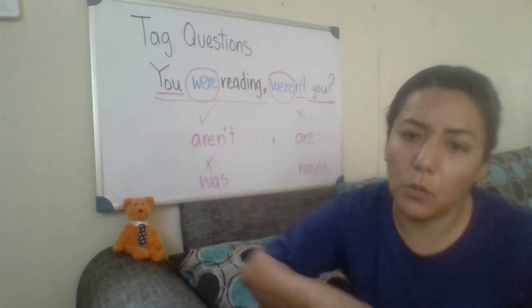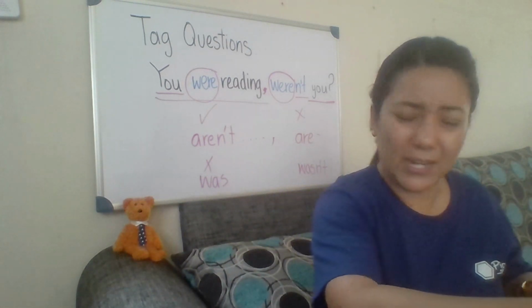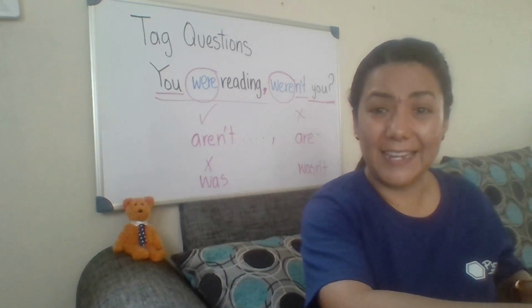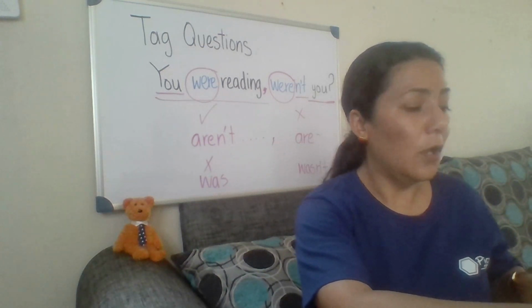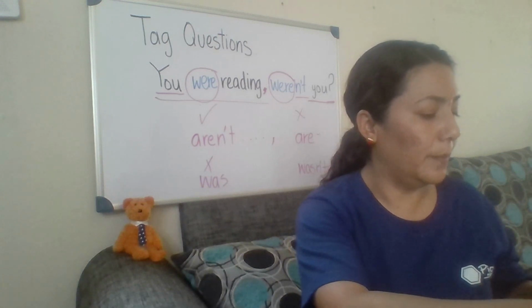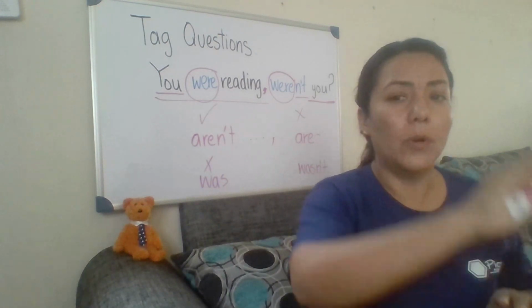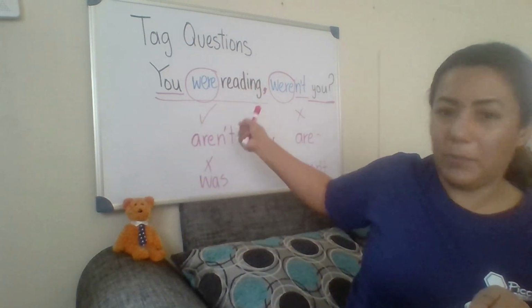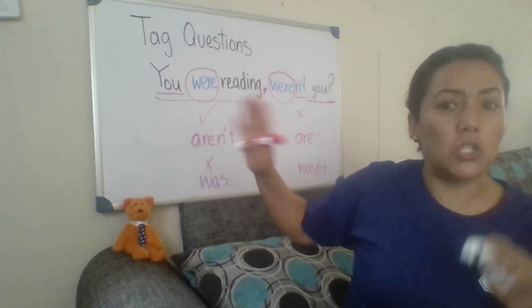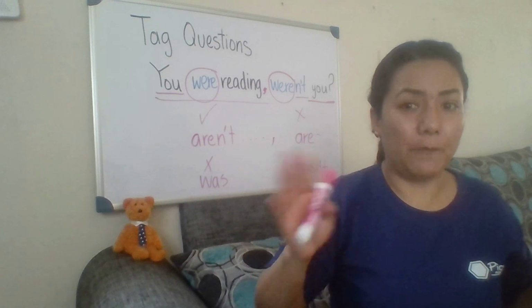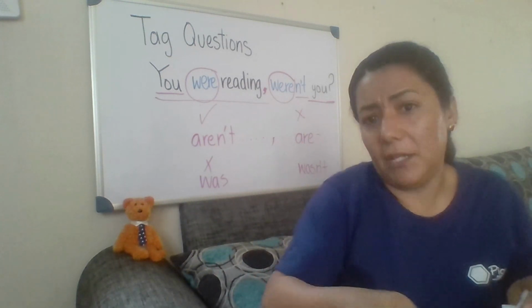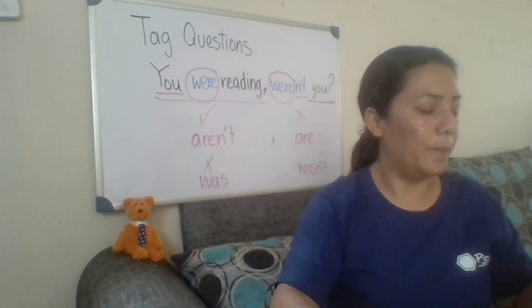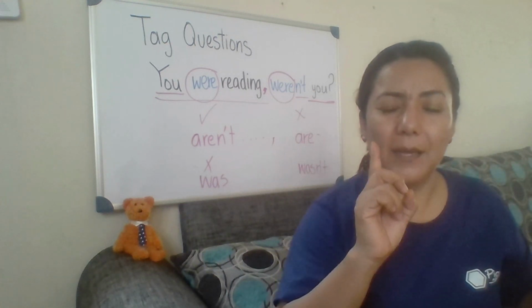Now, let's go to page number, what page did I say? 89. Quickly, let's read the instructions. We're not going to read the information because the video explained that already. Plus, we did this, so I hope it's clear. But if you need to go back to this part, it's okay, you can do it. Now, instructions.